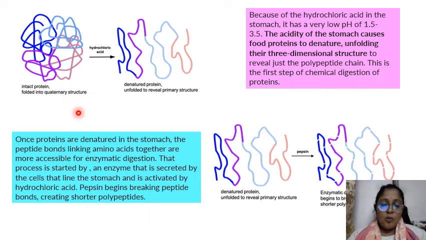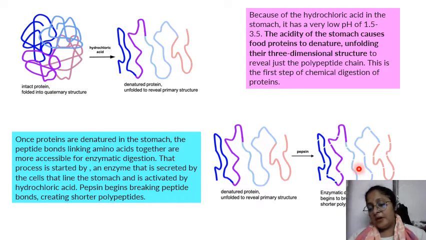Now, once this protein is denatured with the help of the hydrochloric acid, the enzymatic action of pepsin starts. This pepsin breaks these bonds, and the protein is converted into very short polypeptides, as we can see in this picture.